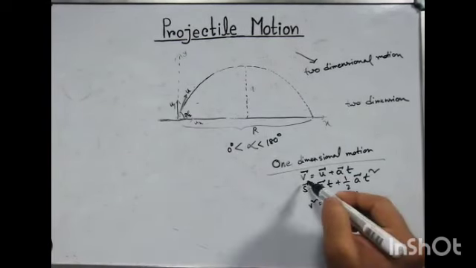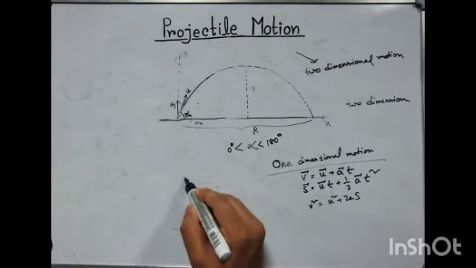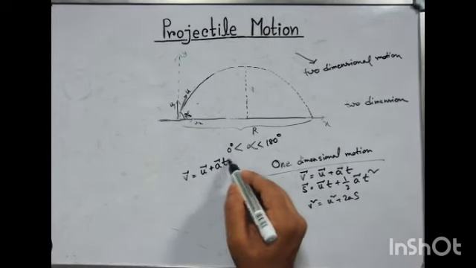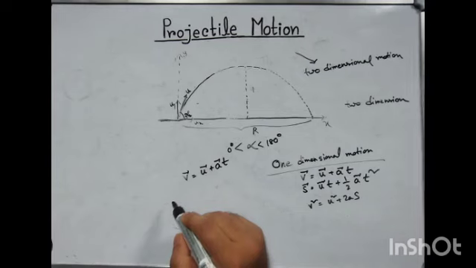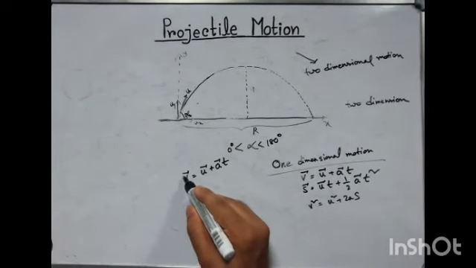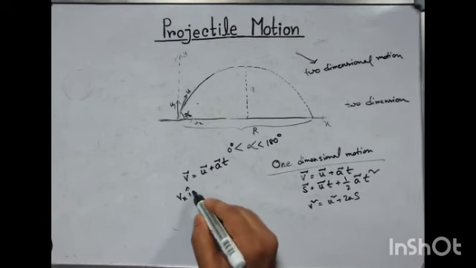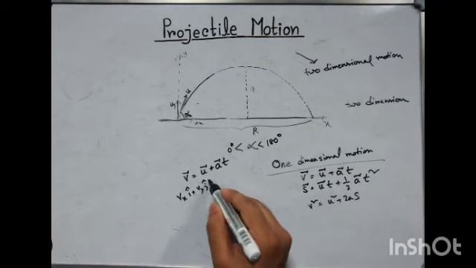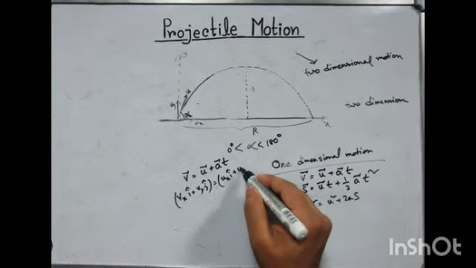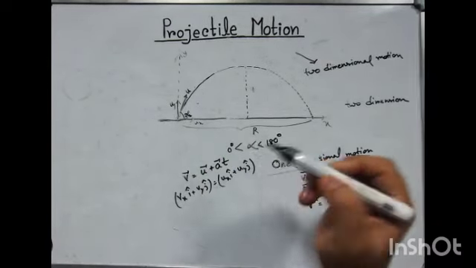Now see, these are vector equations. So when I say v vector equal to u vector plus a vector t, this will be valid in 2 dimensions and 3 dimensions also. In 2 dimensions, this v vector will have 2 components, vx i cap plus vy j cap, equal to ux i cap plus uy j cap. U vector will have 2 components, ux and uy.